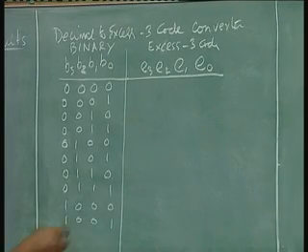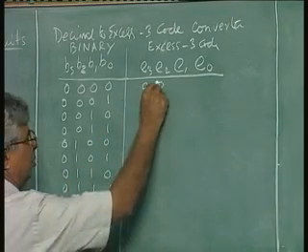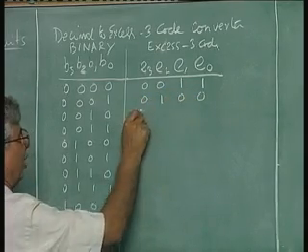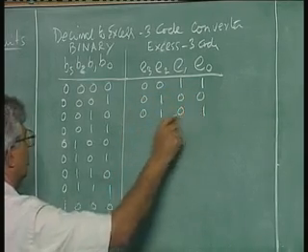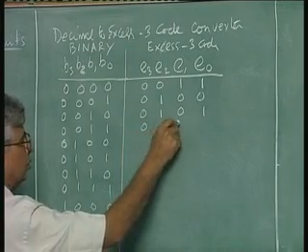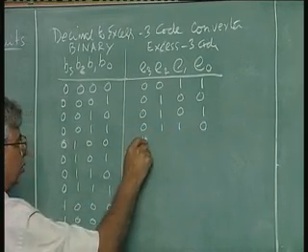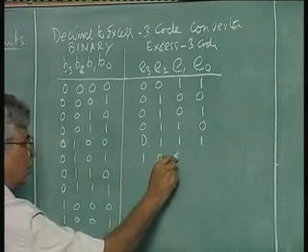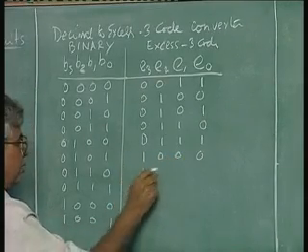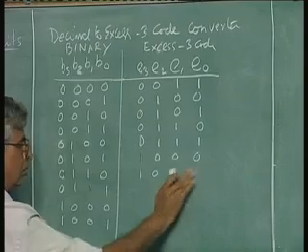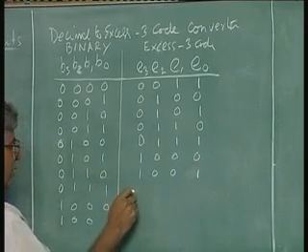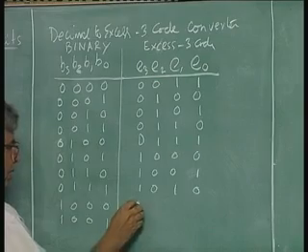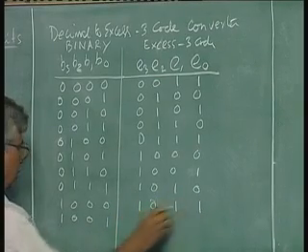That means 0 is represented as 3, 1 is represented as 4, 2 as 5, 3 as 6, 4 as 7, 5 as 8, 6 as 9, 7 as 10, 8 as 11, 9 as 12.